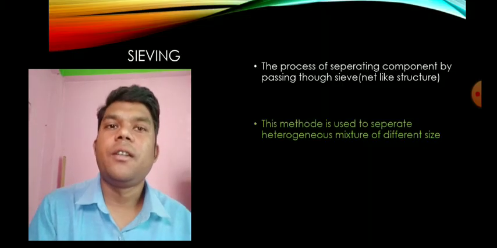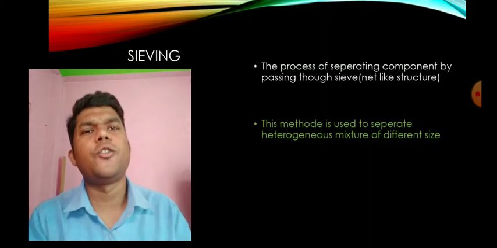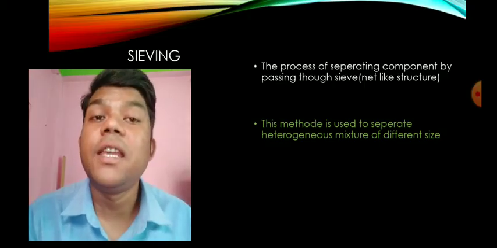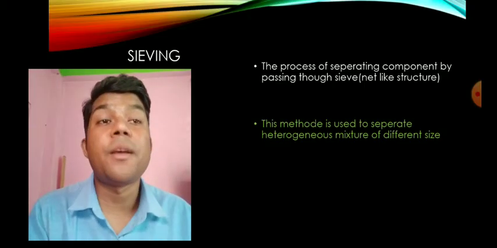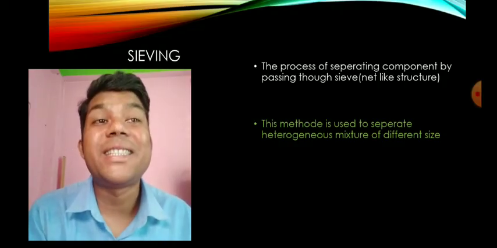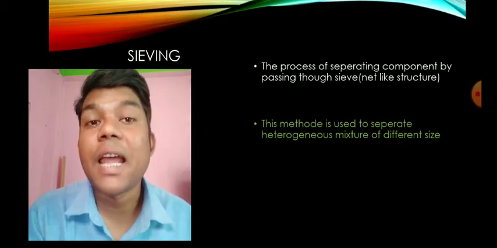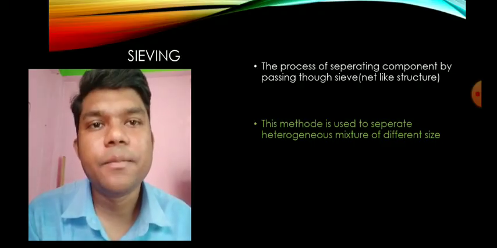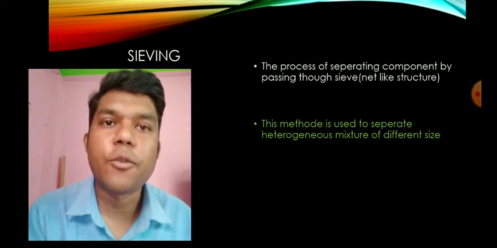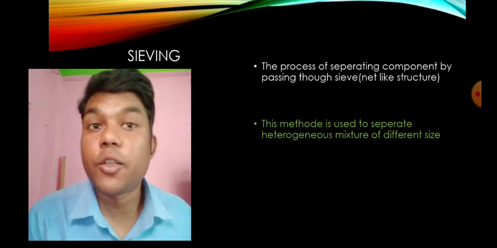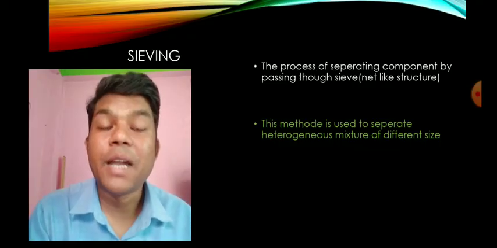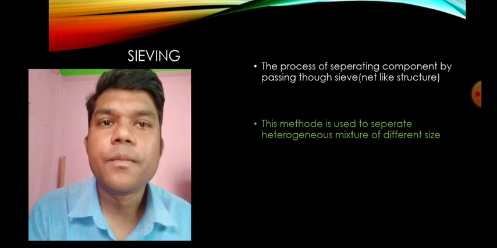After that, sieving. Sieving is also one of the methods which is applied in our kitchen daily. Sieving means the process of separating components by passing through a sieve, that is a net-like structure. Generally we say jali. While constructing a house also, workers throw sand on the sieve, which has pores.